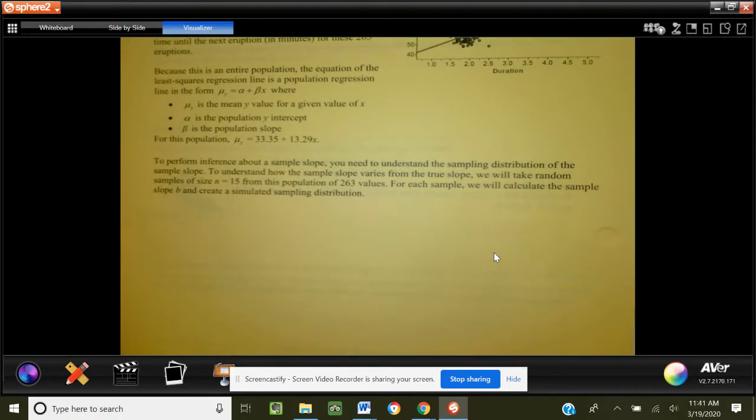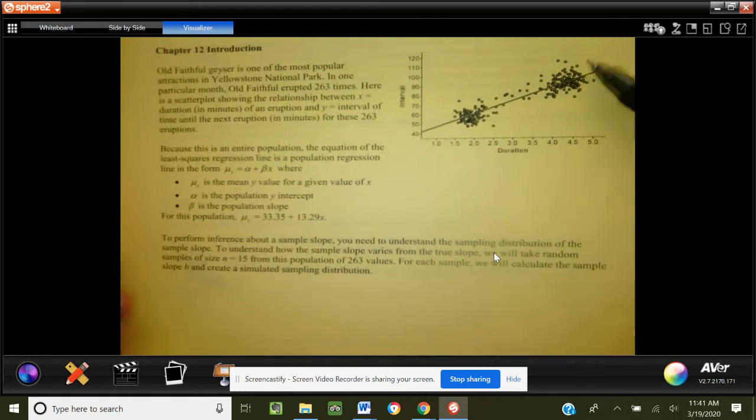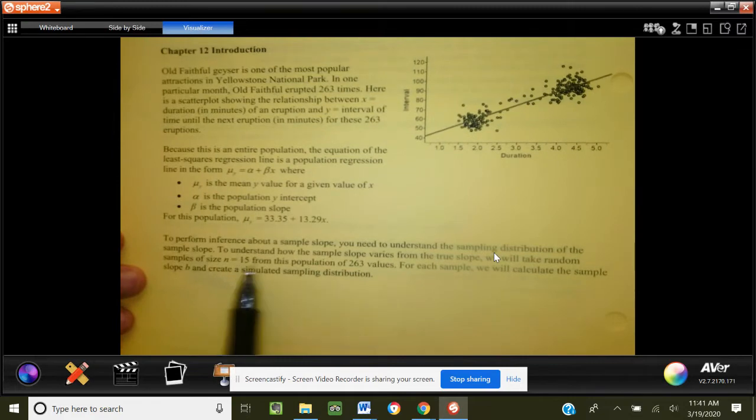Time certainly does not permit us to do that, but what we could do is say, okay, from these 263 points, take a sample of size 15, X and Y values, put that into list 1, list 2, do a linear regression, get a line of best fit for that sample data, and then take the slope out of that, b, and then do that over and over again to simulate a sampling distribution. That would be the idea there, but we're not going to actually do that.